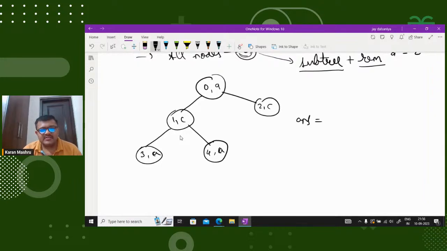Suppose I consider this as the center node B in the triplet A, B and C. Then in its child nodes, can I have two same characters but on different branches? Here I do not have any option. There are two A's, but they are on the same branch, so this can't be a middle element on a simple path from this A to this A. So that case is gone.